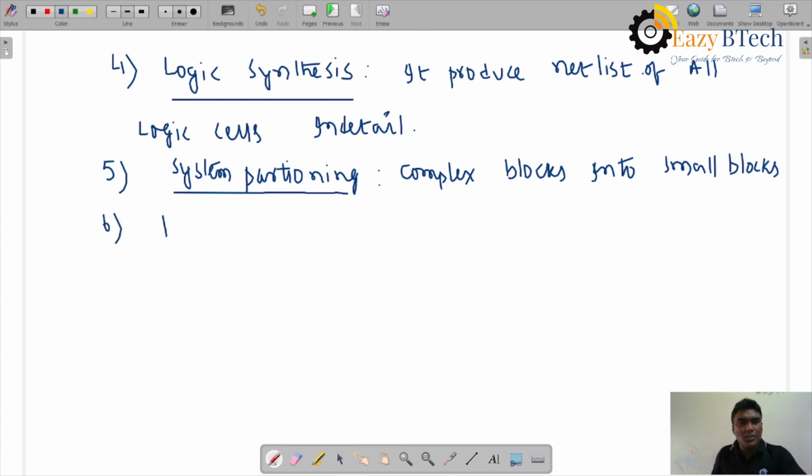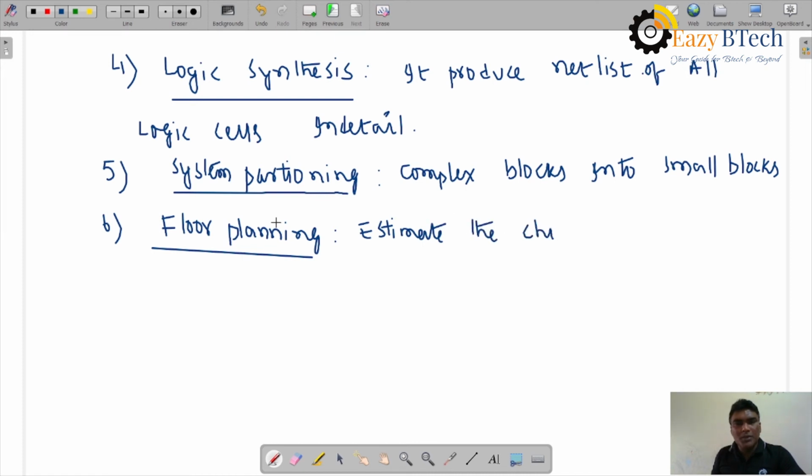The sixth one is floor planning. What is floor planning? After partitioning all the logic blocks, we can estimate the total chip area.